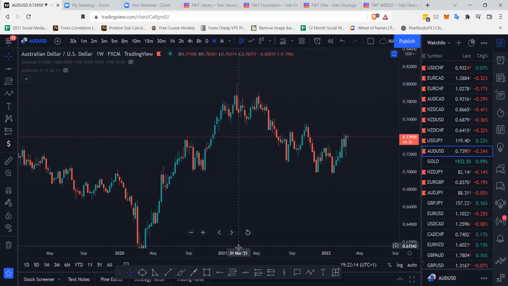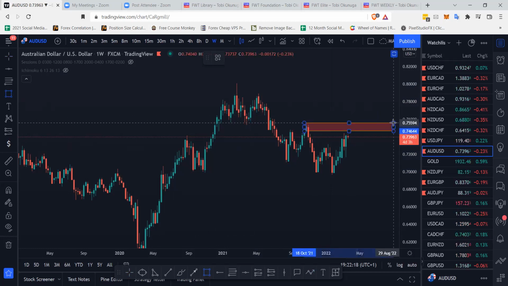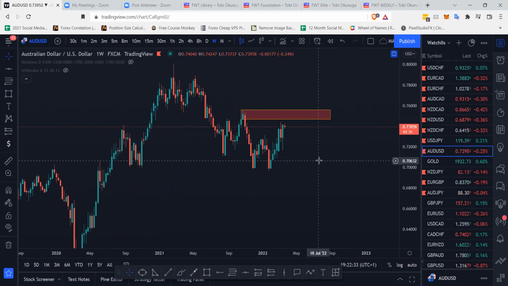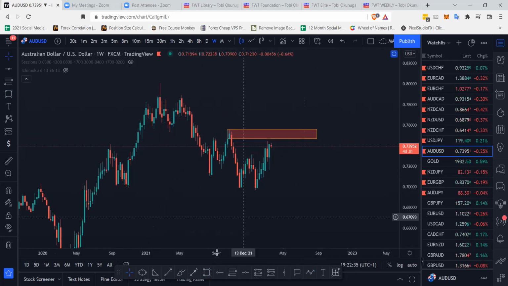Okay, so we see price retracing into a supply zone. So this is swing supply. We can also see this. This is also a drop-based drop. But personally, in cases like this, I just prefer swing supply, to be very honest. So I like price to get to my swing supply before I take anything because it's a stronger supply.